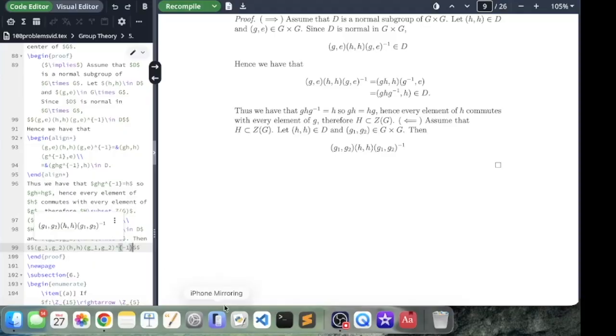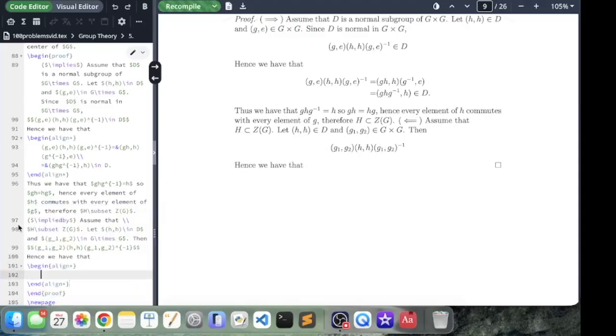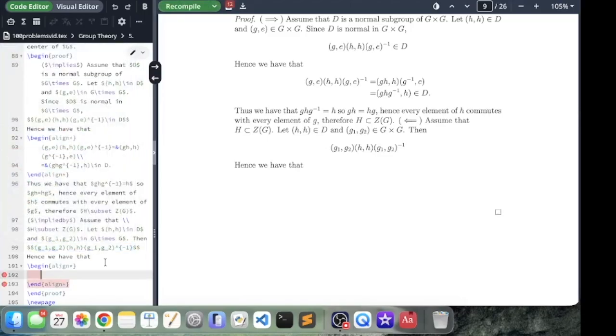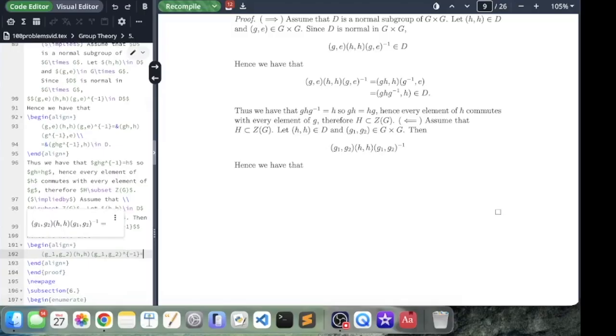Okay, so let's see. Hence, I'm just going to do the same thing I did before with the begin align. I'm going to take this guy and do it out. If we multiply the first guy with the second guy, we get g2 h pops on the right, and the inverse comes on the inside of that tuple.